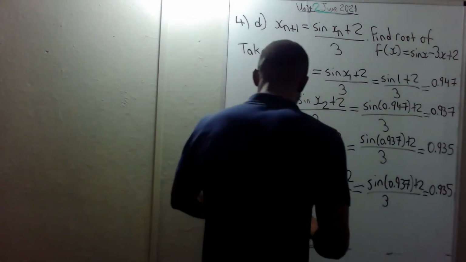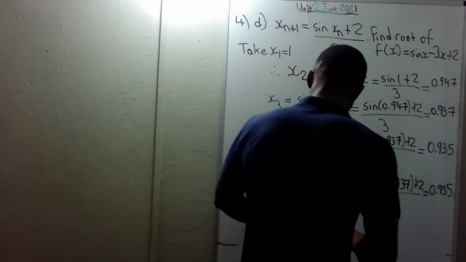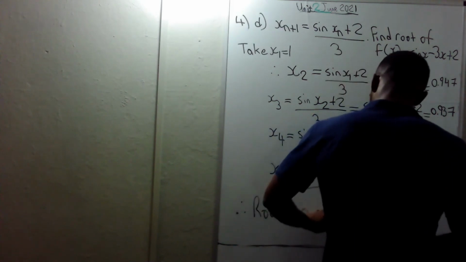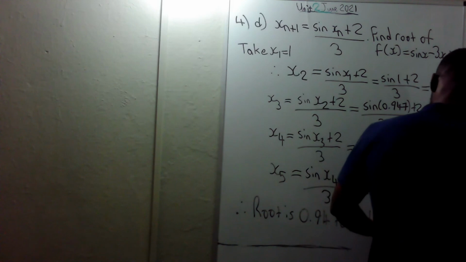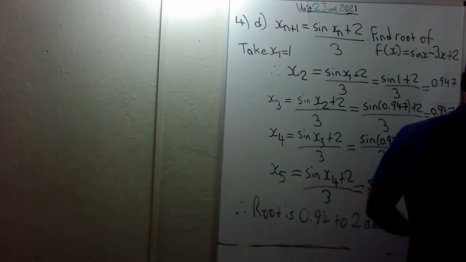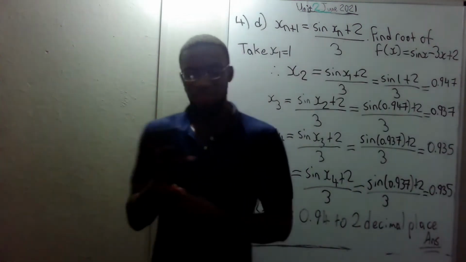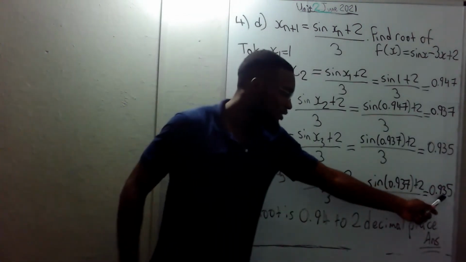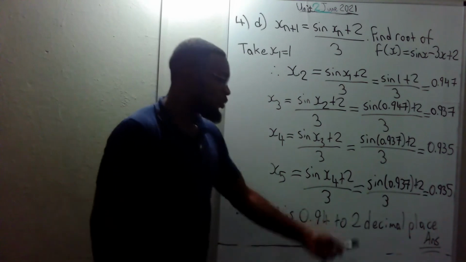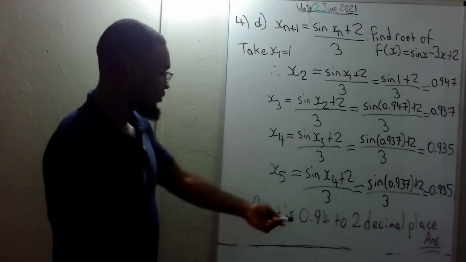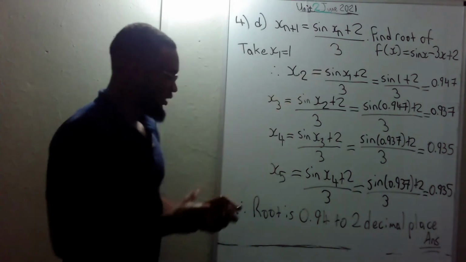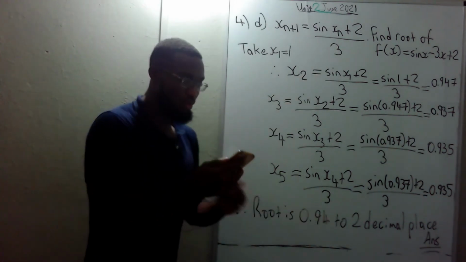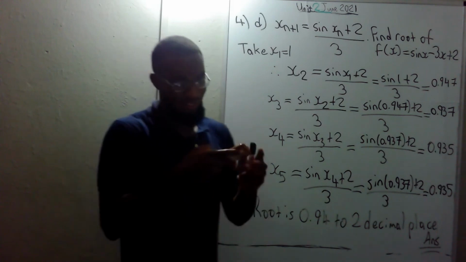And so therefore the root is 0.94 to 2 decimal places. If you round off 0.935 to 2 decimal places, that is 0.94. So that's the root of f of x. So the root is 0.94, correct to 2 decimal places.